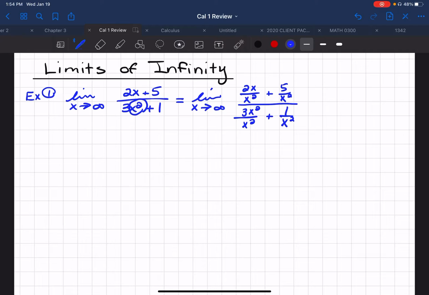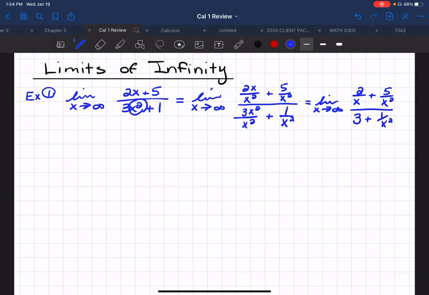And you always pick the largest exponent in the denominator. So here, you can simplify it a little bit, just so it's a little easier to see what's going on. We're going to end up with 2 over x plus 5 over x squared, over 3 plus 1 over x squared.